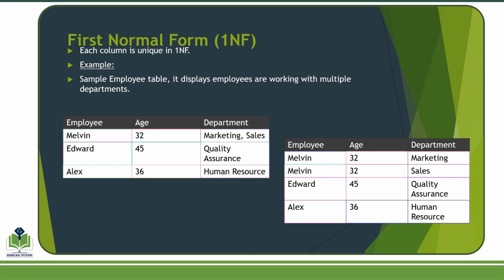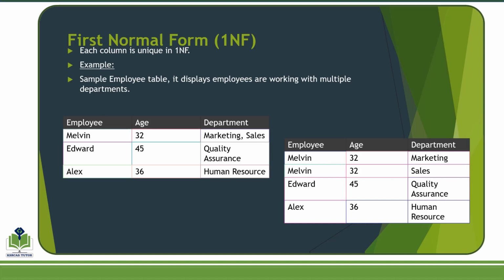In this table, employee Edward, of age 45, is working in the department called quality assurance. And employee Alex is working in the department called human resource. Whereas employee Melvin of age 32 is working in more than one department, marketing and sales. So normalization has to be done for this table.